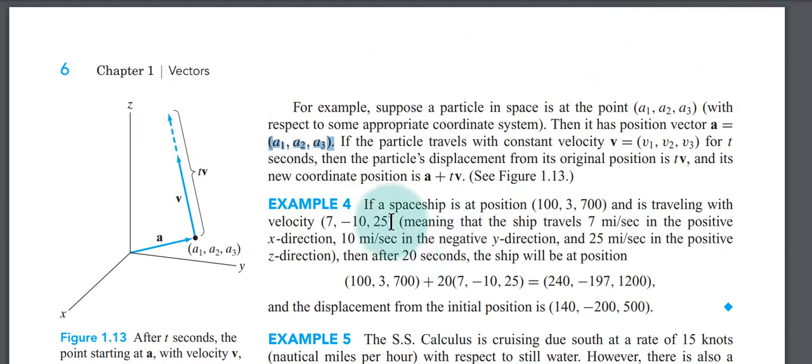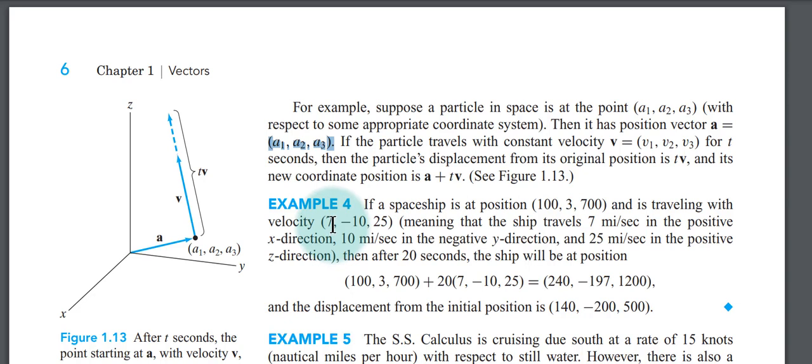So let's try the same thing, but give it specific numbers here. So instead of saying A, let's say it's here. Let's say a spaceship is here in 3-dimensional space, and it's traveling with a velocity of this.